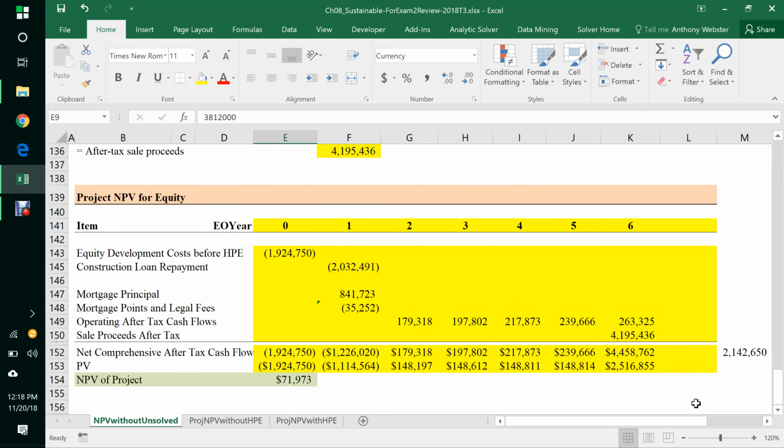So that's about it for this type of project. Benny? Why are the uniform mortgage payments not included in the cash flows if that technically is a cash flow? They are included.